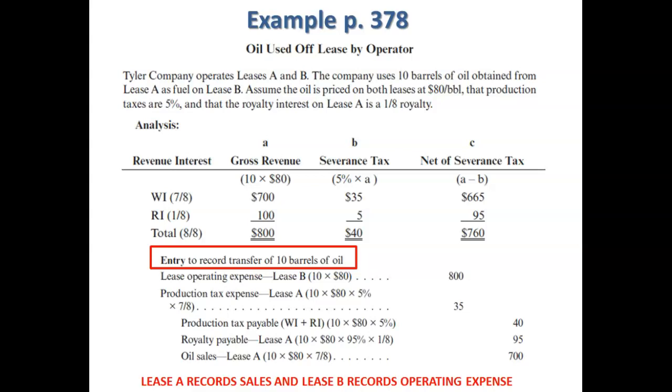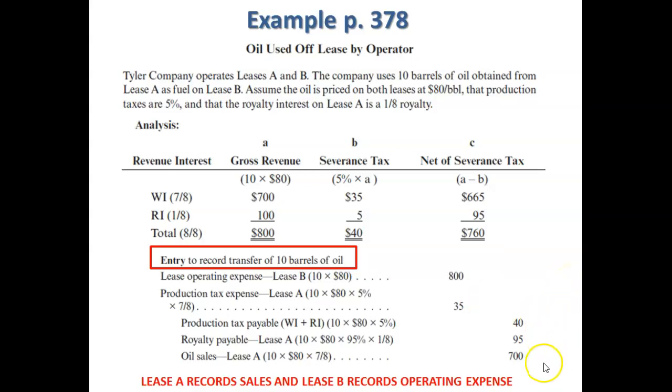So this is the journal entry to record the transfer of 10 barrels of oil. You can see the first debit, lease operating expense, is going to be recorded on lease B, the one that's using the fuel. So it's going to be the number of barrels times the selling price, equaling $800, and then going to record the associated production tax, $35.